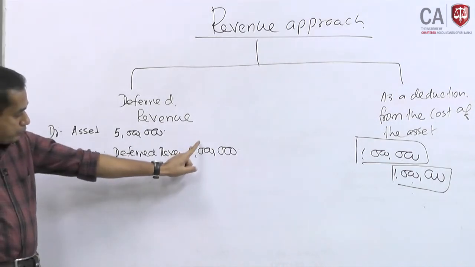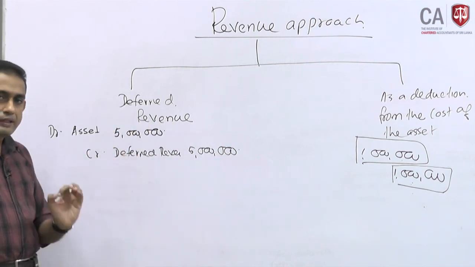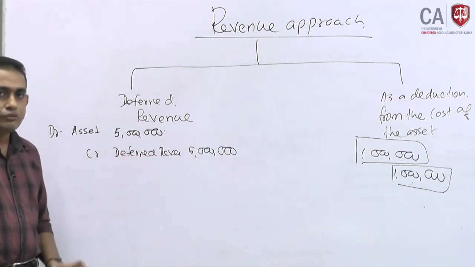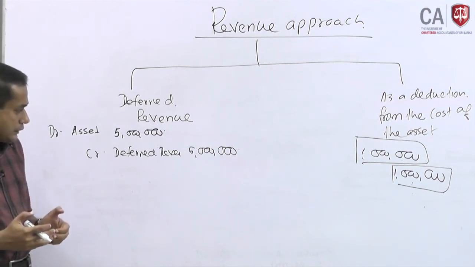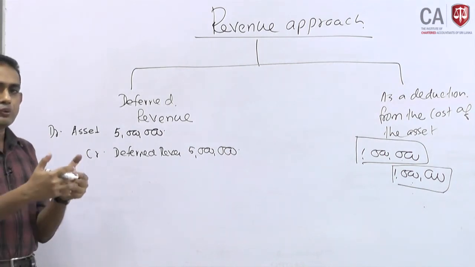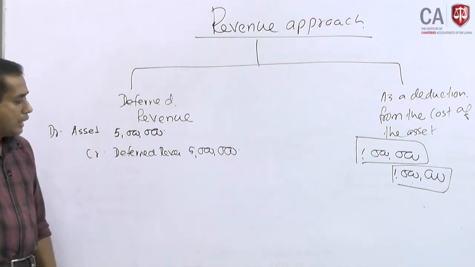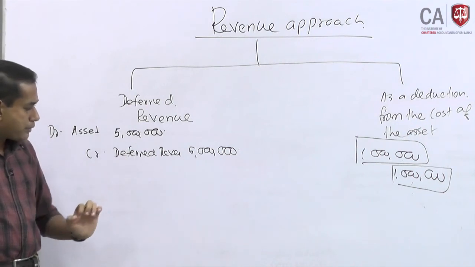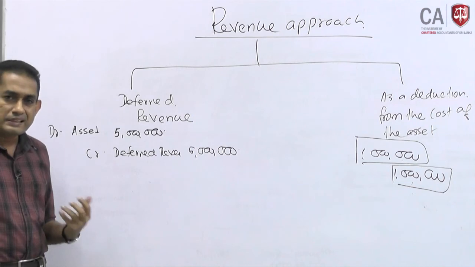We do not bring this 5 million rupees straight to the profit and loss during the year in which we received the grant. Temporarily, this grant is taken to a temporary account called deferred revenue, and the balance of 5 million rupees needs to be released to profit and loss on a particular systematic method.